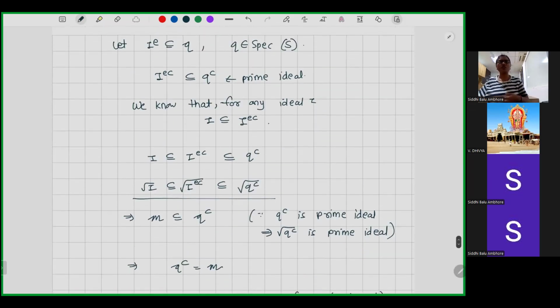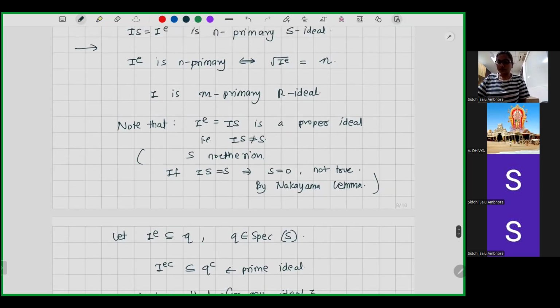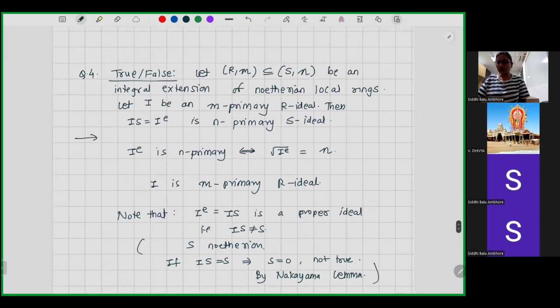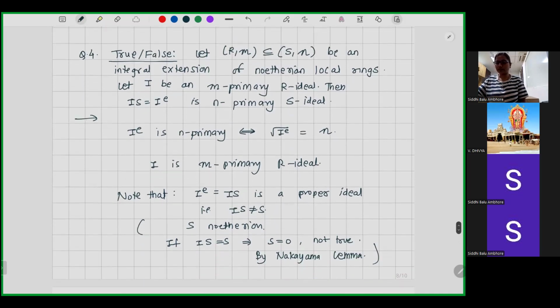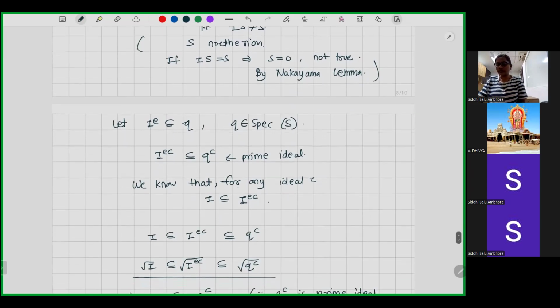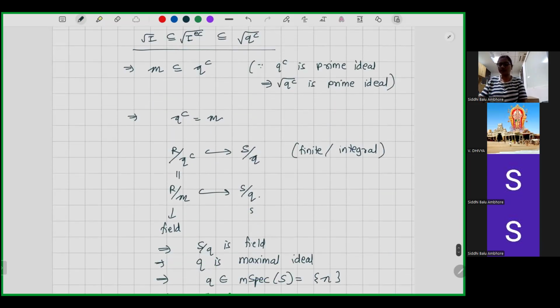We started with some ideal I and arrived at the I extension being contained in some prime ideal, and we got that the contraction of this prime ideal is actually a maximal ideal.